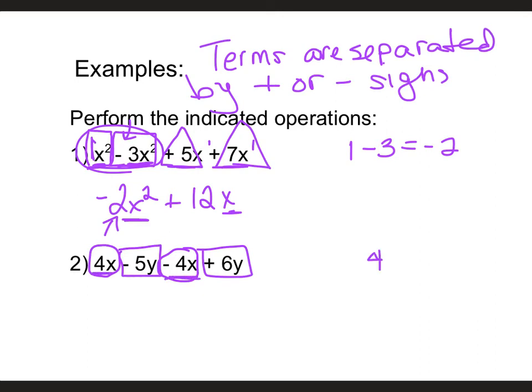If I add 4 and negative 4, that's 0, so I don't have to write 0x. These are just gone. That's what we say, canceled out or gone. Then negative 5y and 6y, that would be negative 5 plus 6, so that would be 1y, which is the same as just y. You can write it either way. It doesn't really matter.